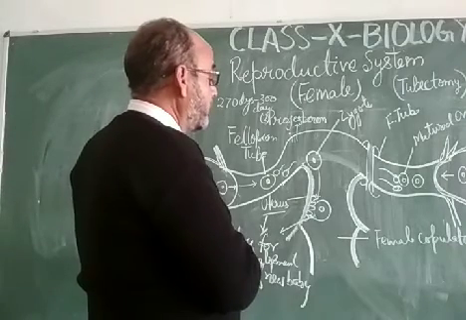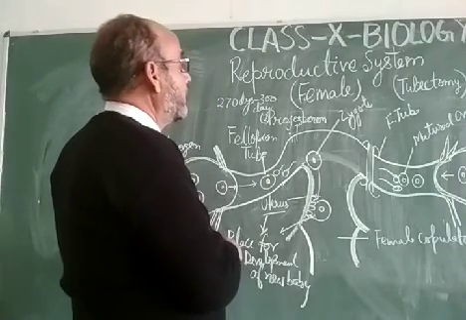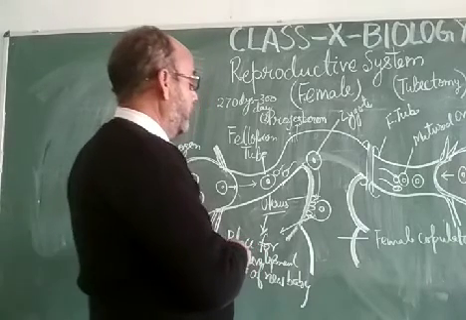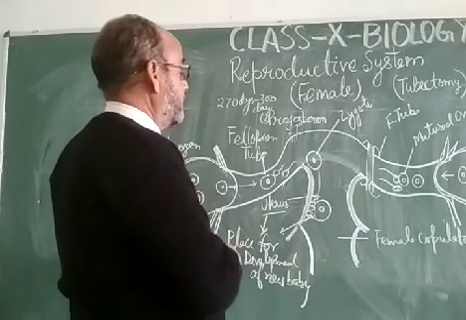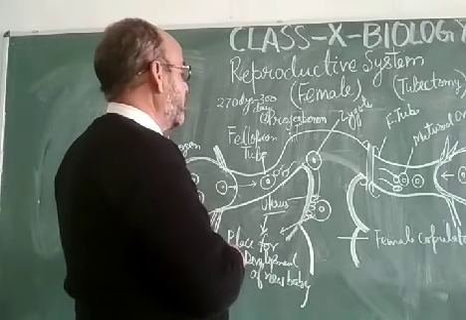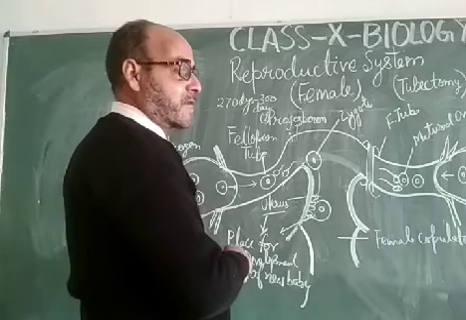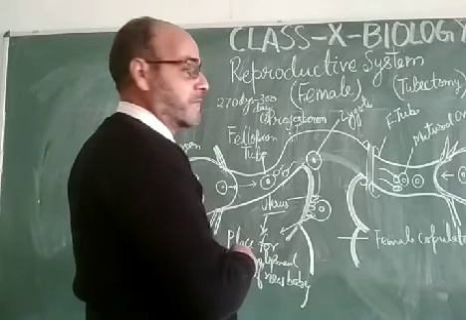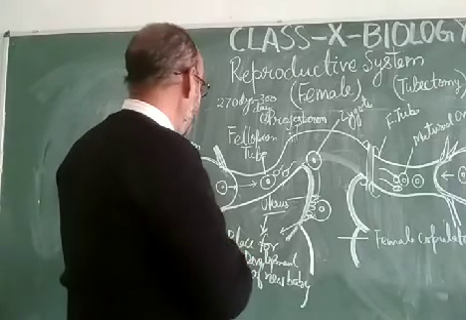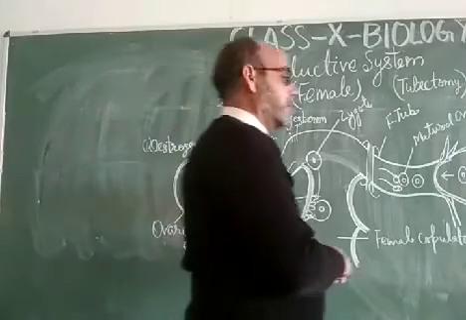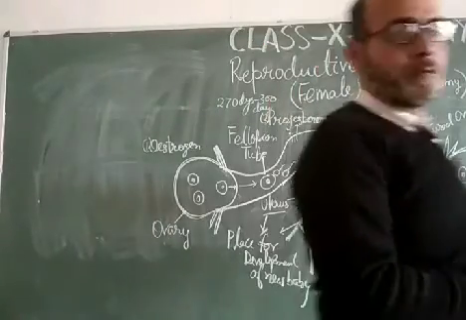Therefore, my dear student, you have to understand this detailed structure of the female reproductive system, and since the urinary system is connected with the female reproductive system, this is the urogenital system, so both are common, and the new baby will be born here.